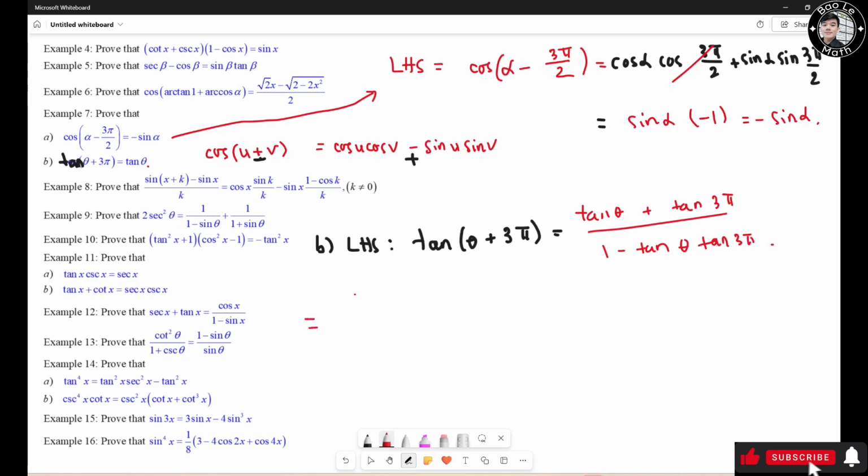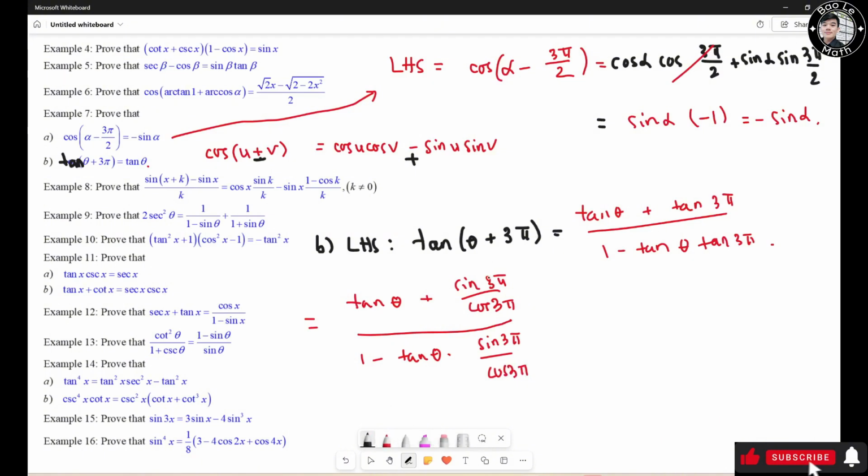Now this one turns out to be tangent of theta plus sine of 3 pi over cosine of 3 pi, right? Over 1 minus tangent of theta times sine of 3 pi over cosine of 3 pi, right?